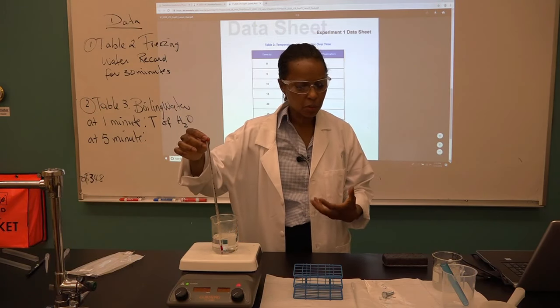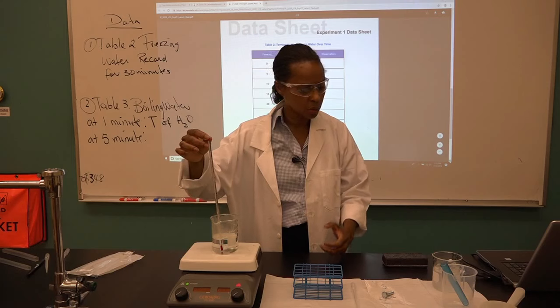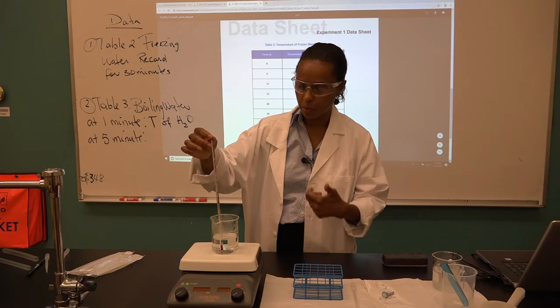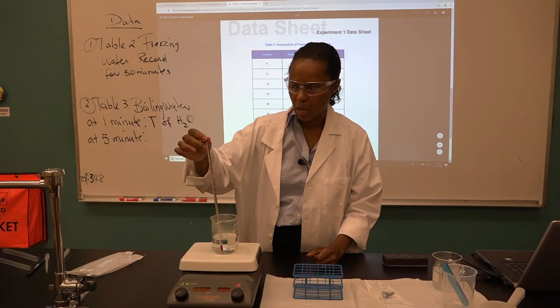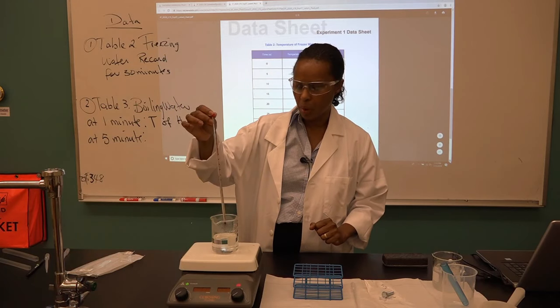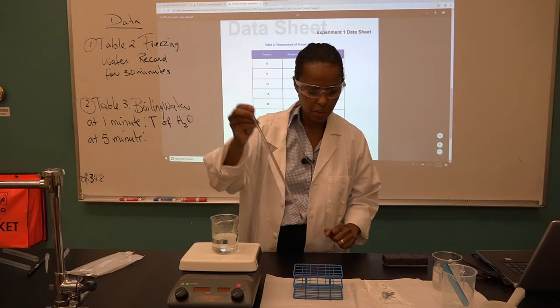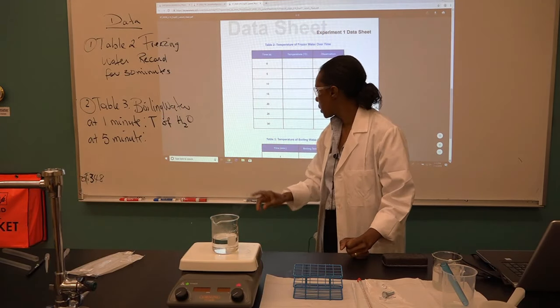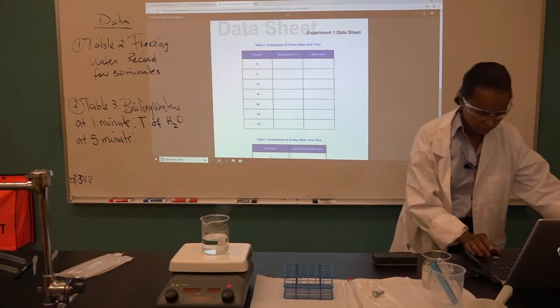So don't forget to do your timing. Either use the stopwatch or your phone, and after 1 minute, read the thermometer and record it on this second table right here.